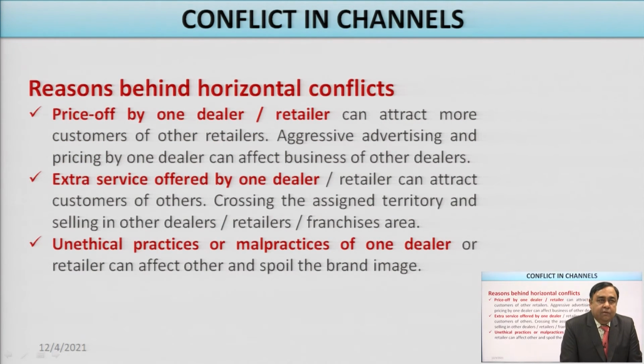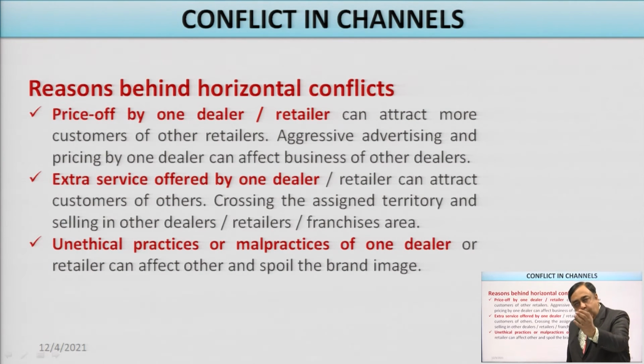Let us see what are the reasons for this horizontal conflict. As I have told you, the first and foremost is the price off or the discount by one dealer or one retailer. The price off by one dealer or retailer can attract more customers of the other retailers.